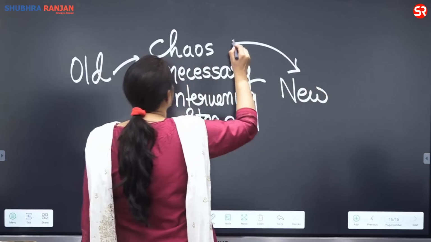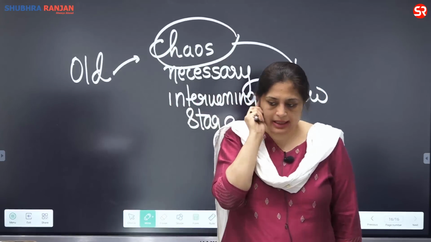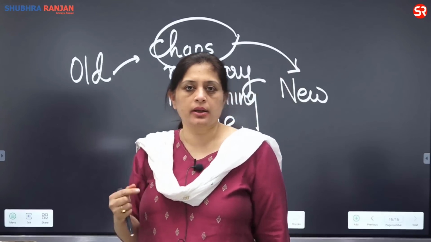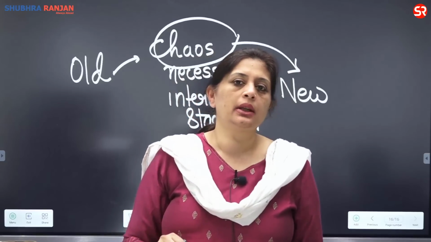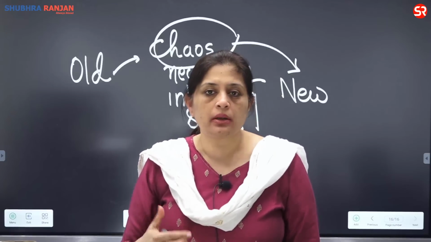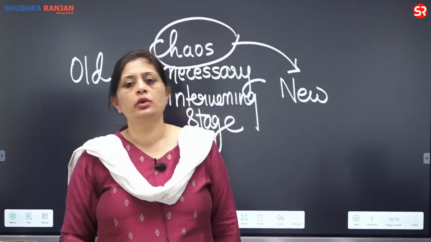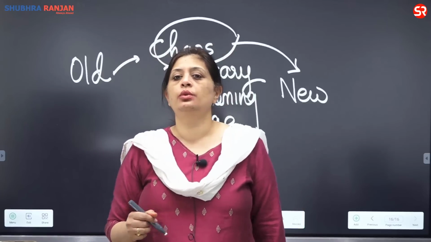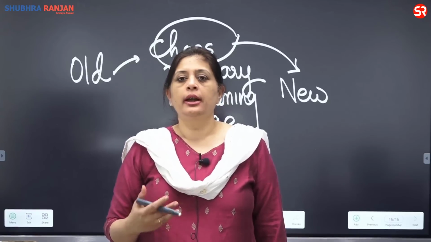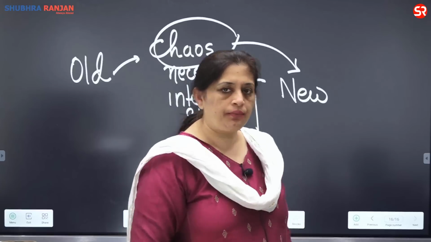So basically, the chaos which we are witnessing is not something unexpected. It is something very, very normal feature. And the chaos was supposed to happen. And the pandemic has shown this chaos.